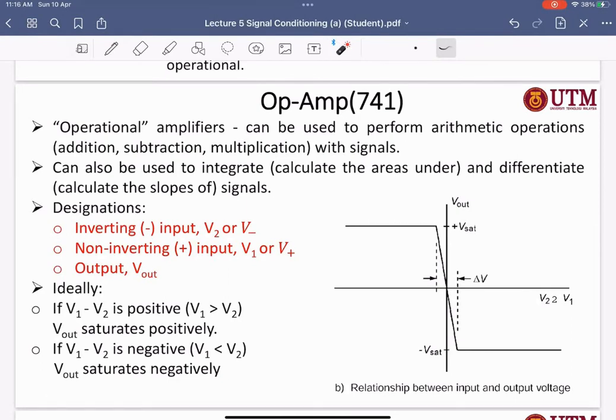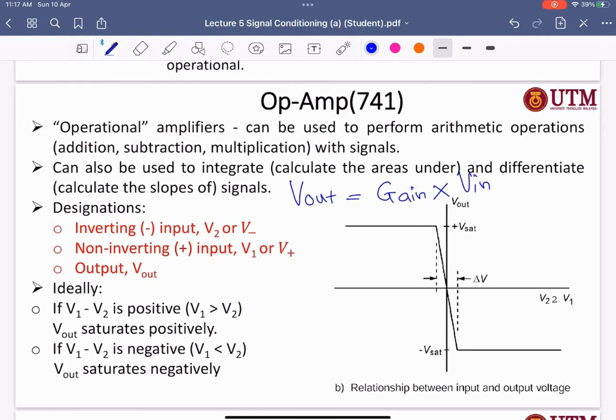What the OM has is the V out, the output from the OM, and then you have the gain that you can configure, whether you want to amplify or de-amplify, and it is multiplied with the V in.